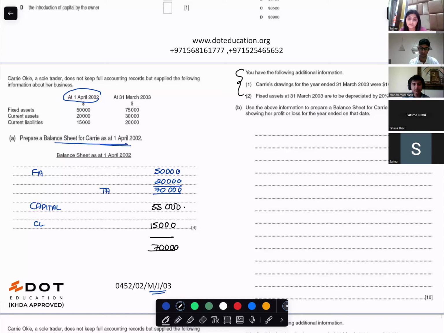Carrie's drawings for the year ended 31st March 2003 were 10,000. And fixed assets at 31st March 2003 are to be depreciated by 20%. What you have to prepare? Balance sheet. You have to prepare a balance sheet for 2003.